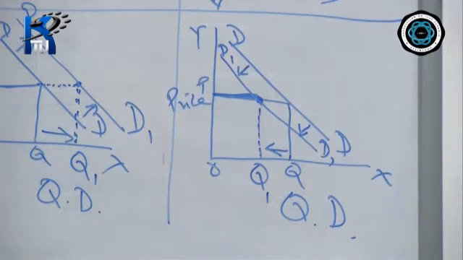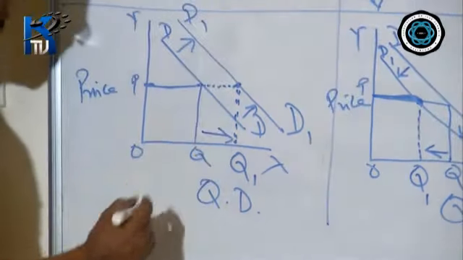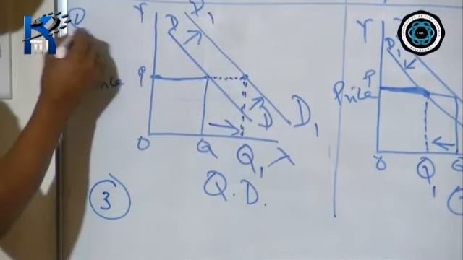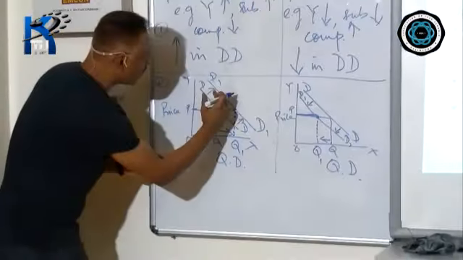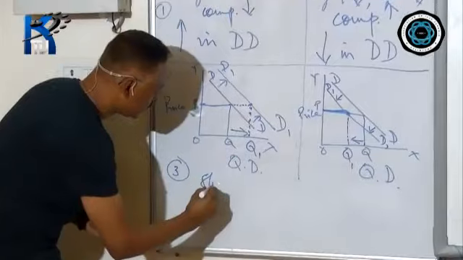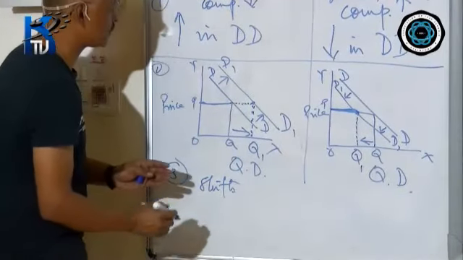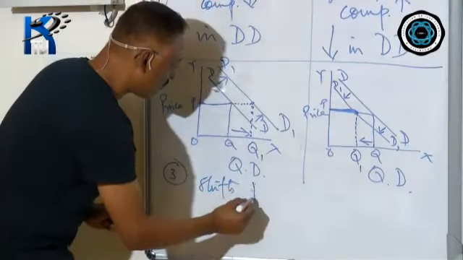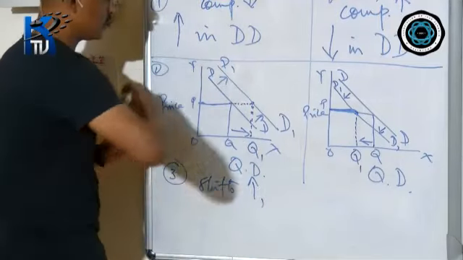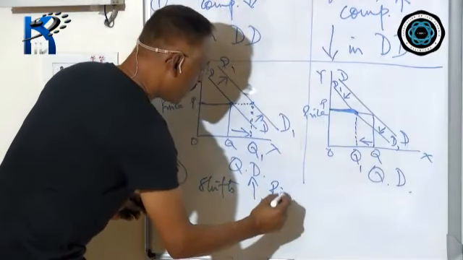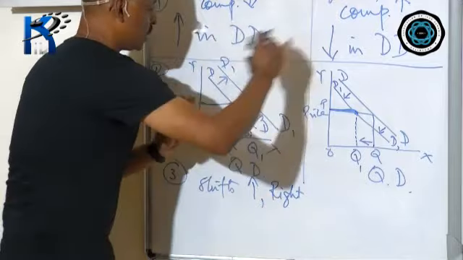And finally, you have to state that the whole demand curve shifts. Which side? Upwards and rightwards.